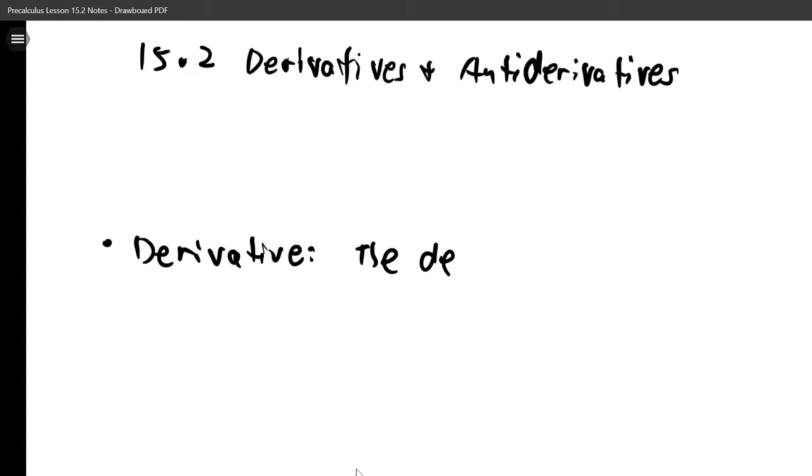The derivative of f of x, which we'll call f prime of x. So the derivative of the function f, we label as f prime.